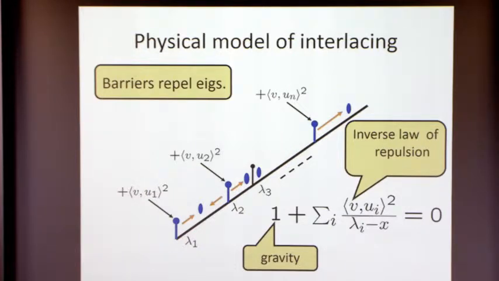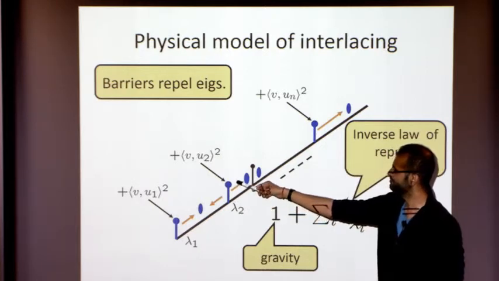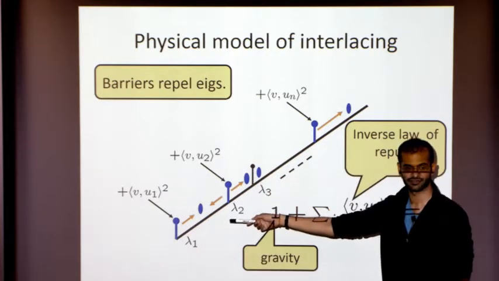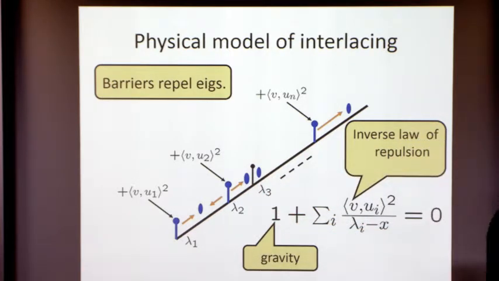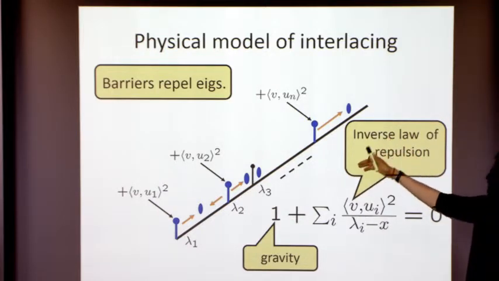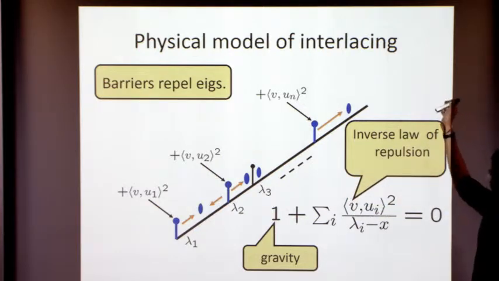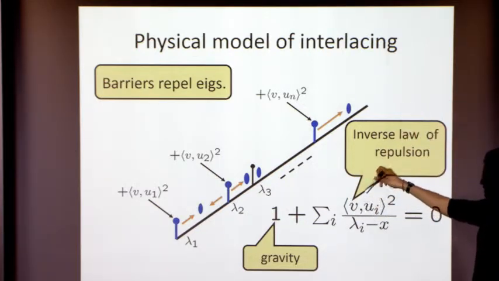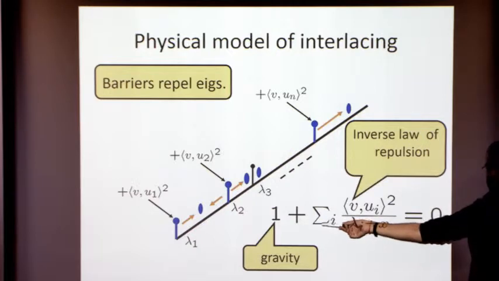So in particular, if my vector has some projection on the first eigenvector, then I add some non-zero charge over there. That means the first eigenvalue must move at least a little bit because the repulsion is infinite. Okay, and then I said there's also gravity. These things have mass. So they don't just shoot up off to infinity, they also get pulled down by gravity, and that's what this 1 stands for.